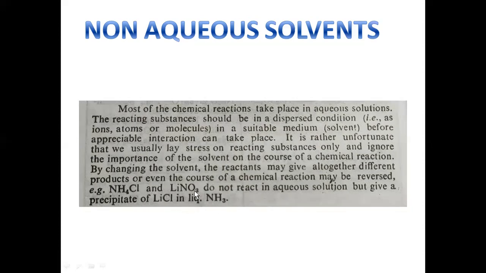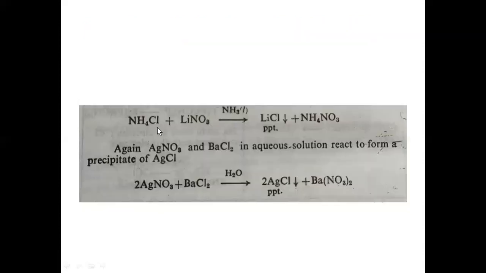A reaction which is not possible in aqueous media is possible in non-aqueous media. By just a change of the solvent, it is possible for both the reactants to react. This is the magic of the solvent. This is how solvents are important. Again, AgNO3, silver nitrate, and BaCl2 in aqueous solution react to form a precipitate of AgCl.